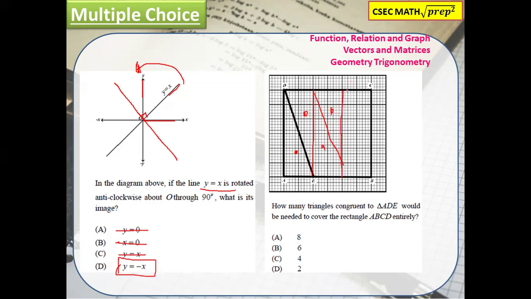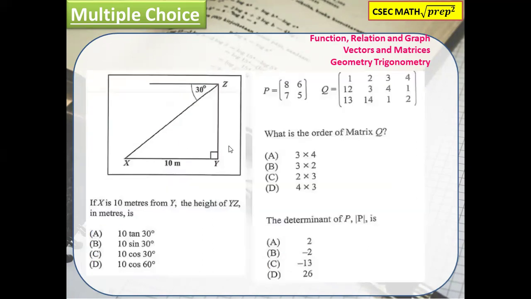And then what we have here is, there we go. So we have 1, 2, 3, 4, 5, 6 triangles will be needed to cover that rectangle there. All right, so again, geometry and trigonometry take up a lot of marks in this multiple choice era.